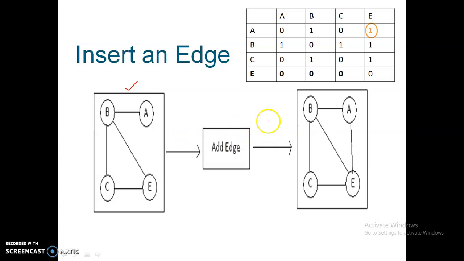Here the new edge added is A to E, from vertex A to vertex E. We set that value to 1. Before this, in the first graph, the A to E value is 0. Whenever you add an edge, we set the A to E value as 1, which means one new edge is added.